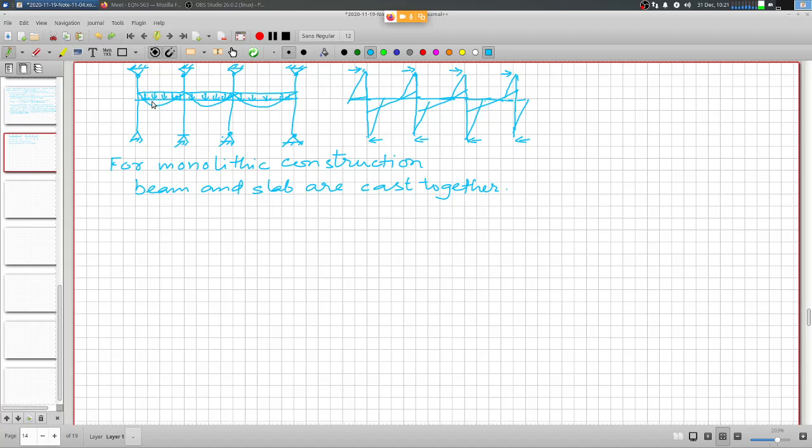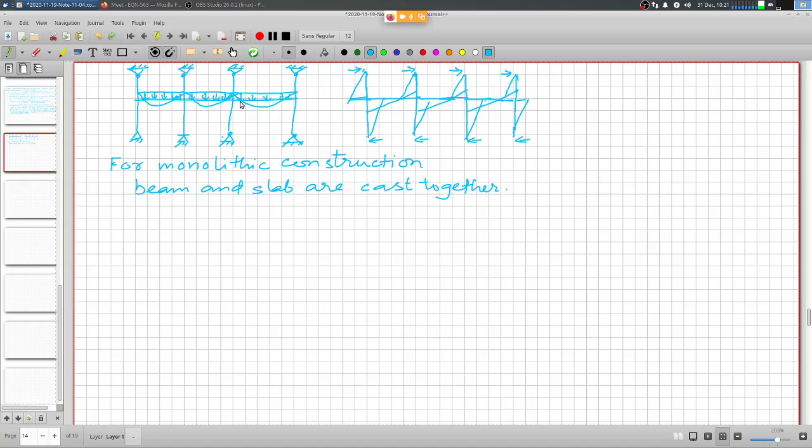Obviously, it's a monolithic construction, so it is not that only the beam portion is going to contribute whatever width of the beam that you have calculated. So we can look at T beam and L beam. At the end it will be an L beam, and in the middle it will be a T beam section, and effective flange widths we can determine, and we can accommodate for that design.